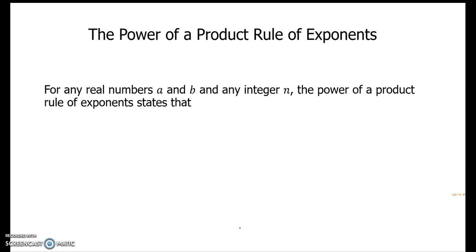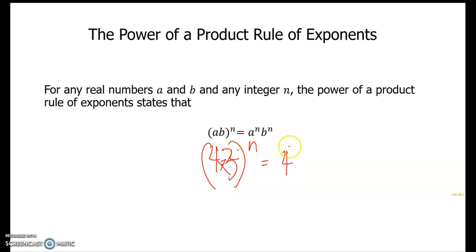The power of a product rule of exponents states that, okay, ayan, parang distributive property siya, or commutative property, I should say. So, 4 multiplied by 3 raised to n is equals to 4 raised to n multiplied by 3 raised to n.